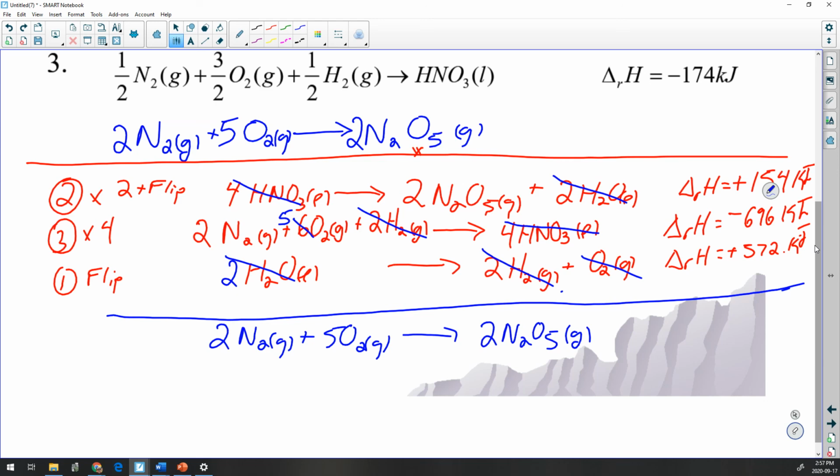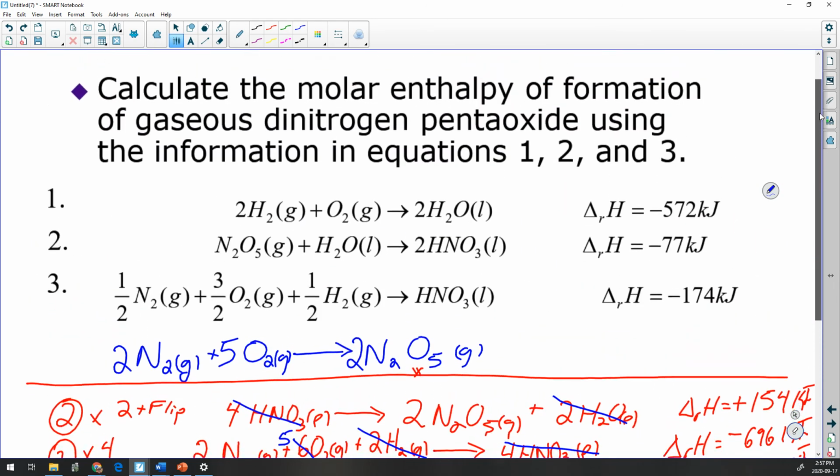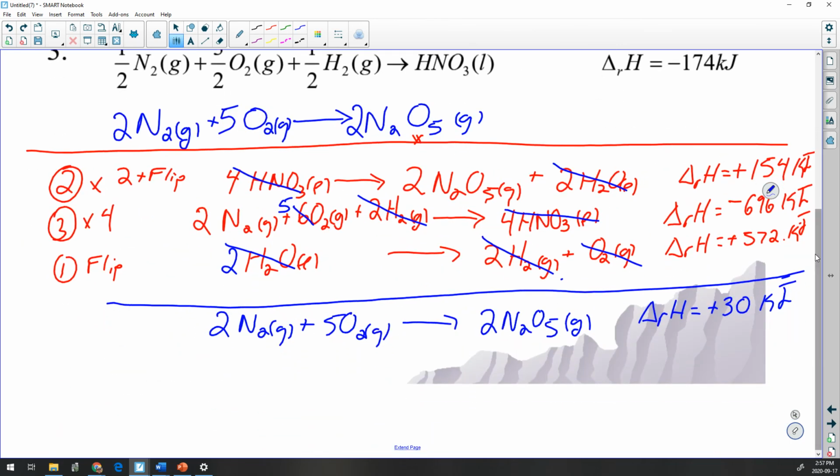And I just made another stupid mistake on my calculator. Get a positive 30 kilojoules. Just going to go back up here. And because it says molar enthalpy, and the way I have my reaction balanced, I have 2 moles of my dinitrogen tetraoxide.